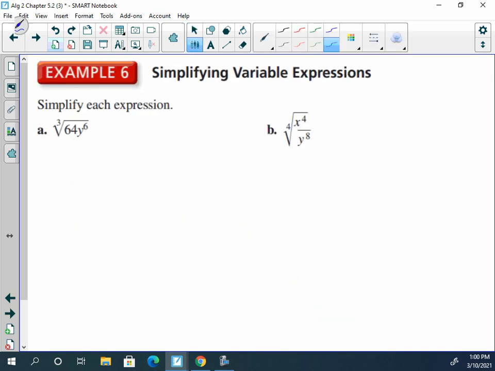So we're going to start simplifying some of these expressions with variables. We're looking at this one first, the cube root of 64 y to the 6th. Well, we can break this up: cube root of 64 times cube root of y to the 6th.